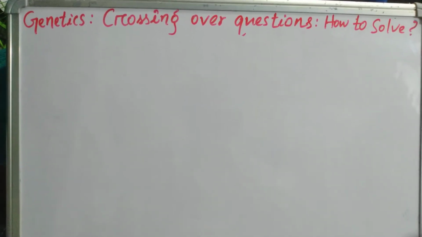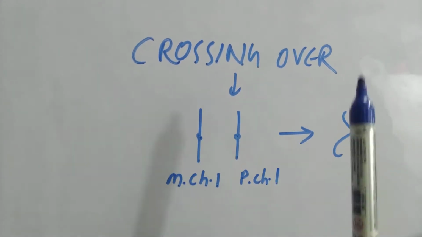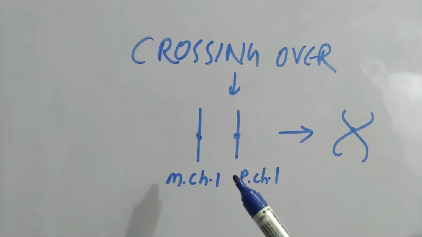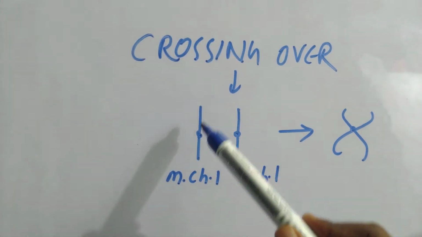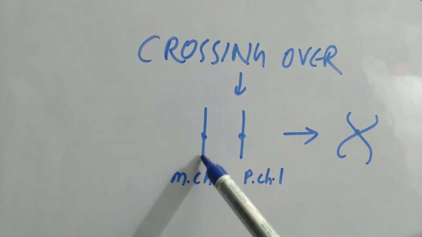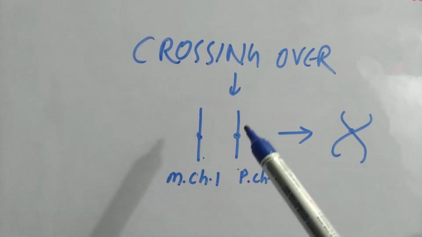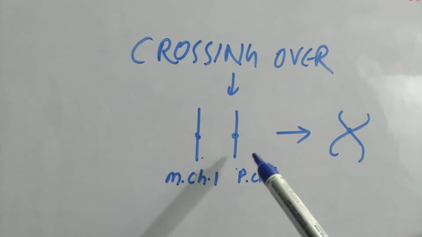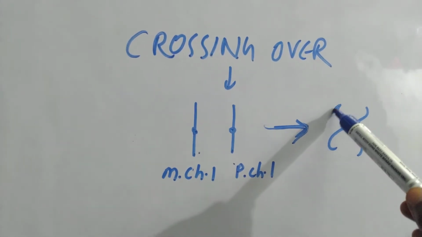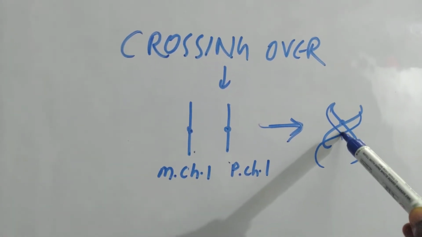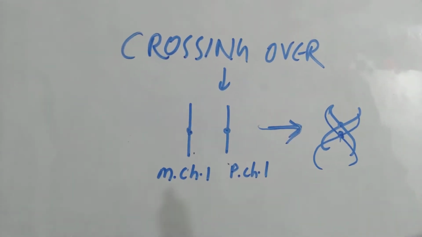Crossing over is the entanglement between chromosomes, which brings variations in the genes. Let's imagine this is maternal chromosome 1 and this is paternal chromosome 1, because in everyone there is pairing of each chromosome. When crossing over happens, entanglement of chromosomes happens and this gives new variations in your genes.